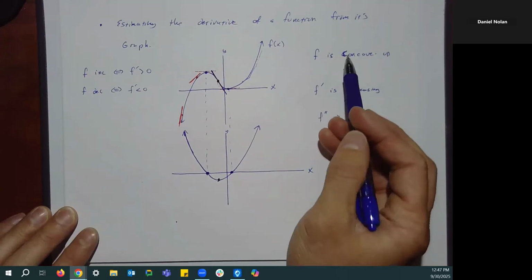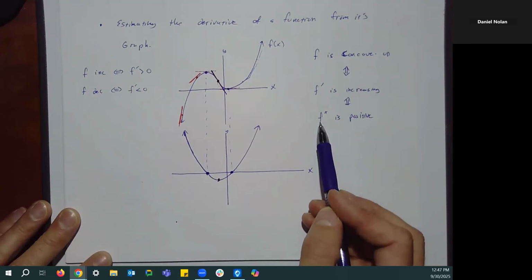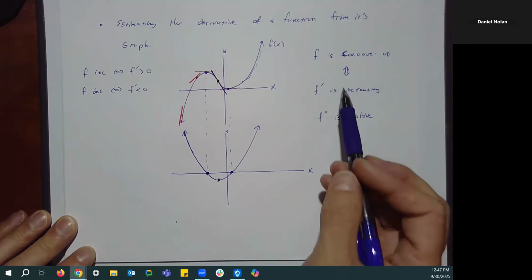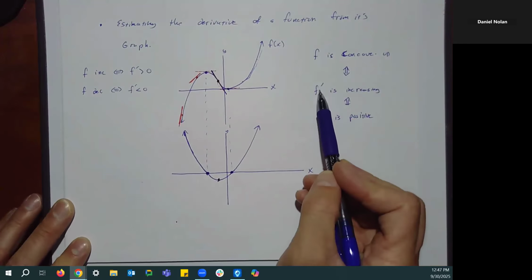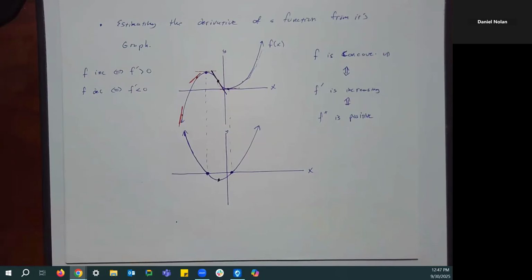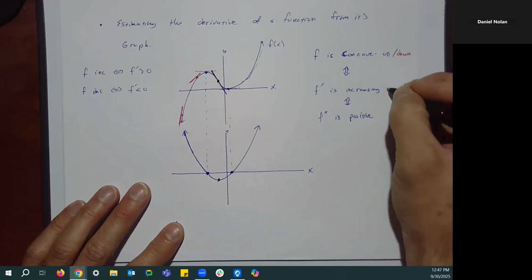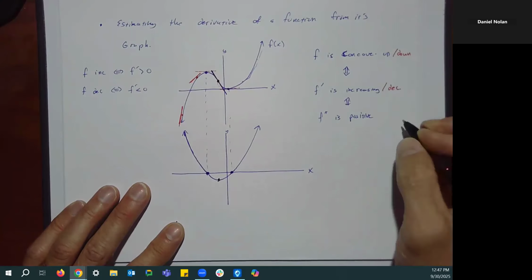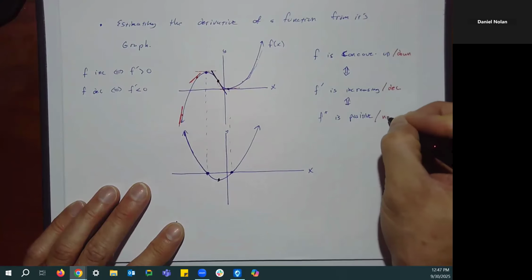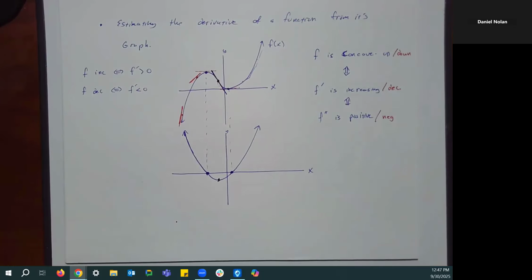If the function is concave up, the second derivative is positive. But there's another meaning as well. If the function is concave up, the first derivative is increasing and the second derivative is positive. And then if it's concave down, the first derivative is decreasing, the second derivative is negative. Kind of cool.